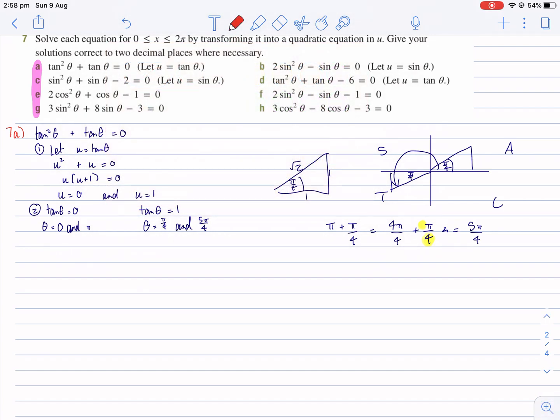For question C, we're going to do the same approach. Sine squared theta plus sine theta take 2 equals 0. So the first bit is to let u equal sine theta.